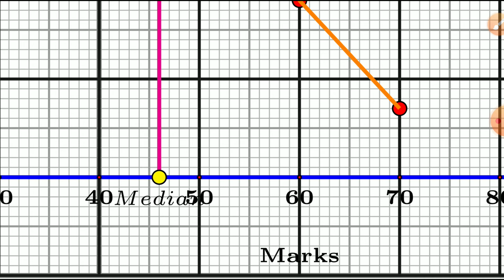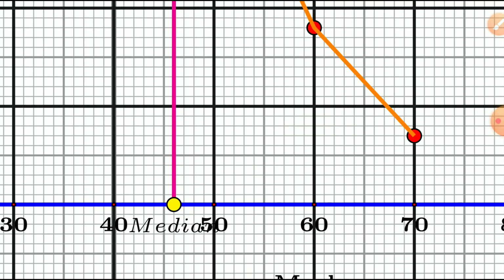The value corresponding to the yellow point is 46. Count how many boxes it is past 40: 1, 2, 3, 4, 5, 6 boxes, so that is 40 + 6 is 46. So 46 marks is the median of our given data.